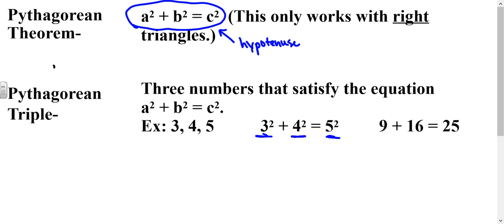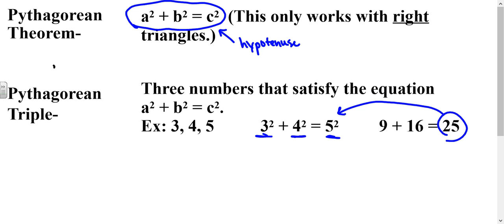Let's check that. 3 squared equals 9. 4 squared equals 16. And if I add 9 plus 16, I get 25, which is equal to 5 squared. Because those numbers work, they're called a Pythagorean triple.